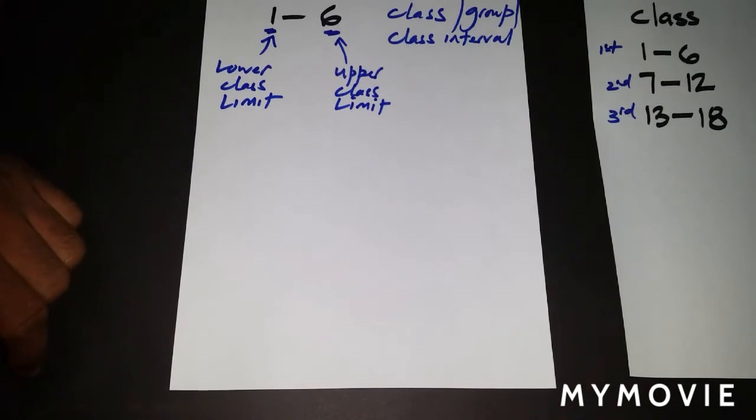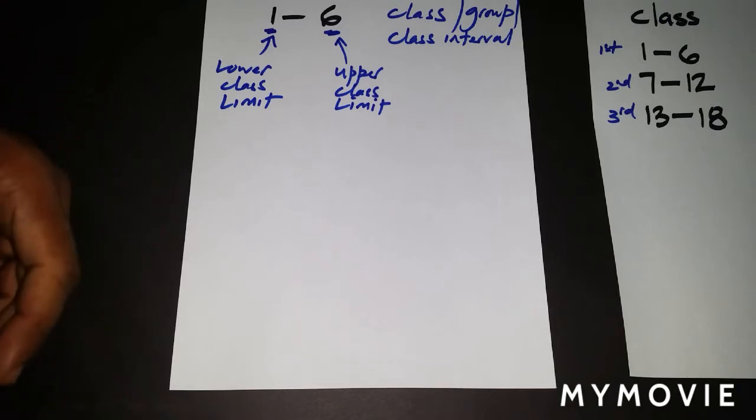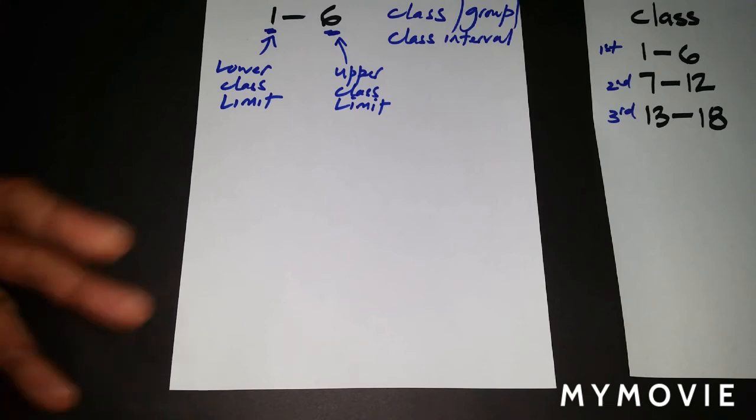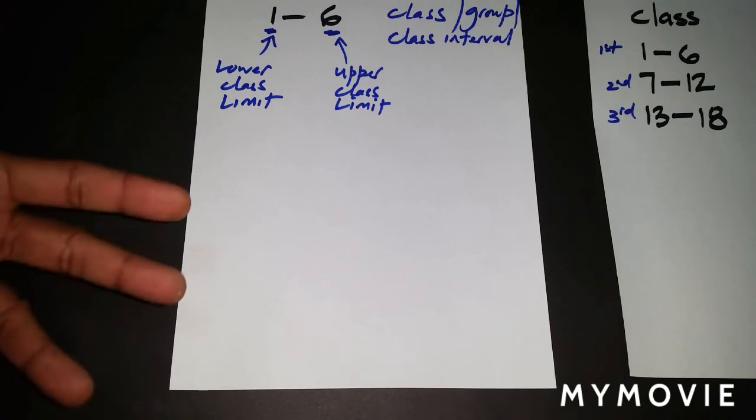Now, what about class boundaries? Remember I was saying that in a real life situation, if they're collecting data about something, say they're measuring height, the heights won't be all perfect whole numbers all the time. Everything is not going to be exactly 1, or 2, or 4, or 5, or 6.